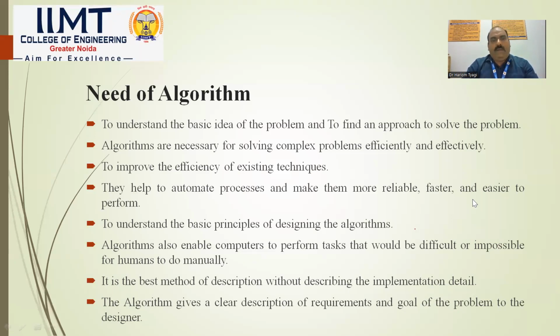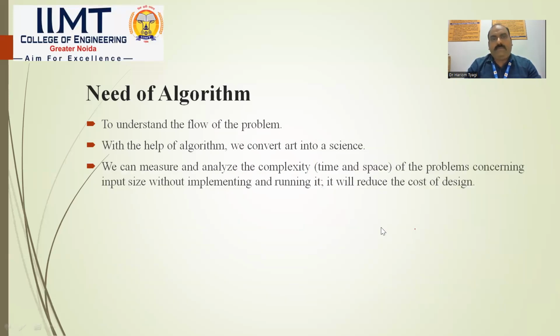Okay. It is the best method of description. The algorithm gives a clear description of the requirement and goal of the problem to the designer to understand the flow of the problem. And with the help of algorithm, we convert art into science. We can measure and analyze the complexity, time complexity, and space complexity. We will discuss in the next slide.